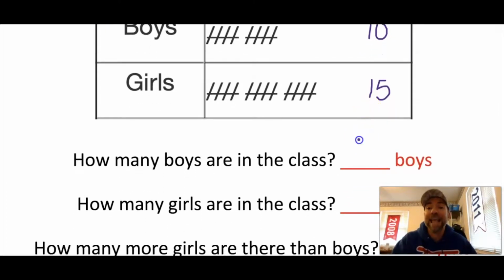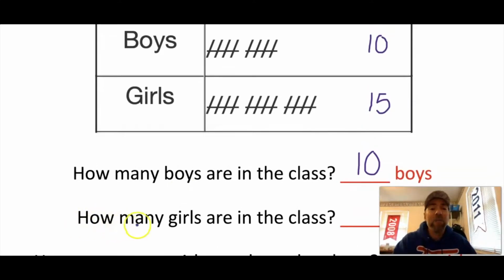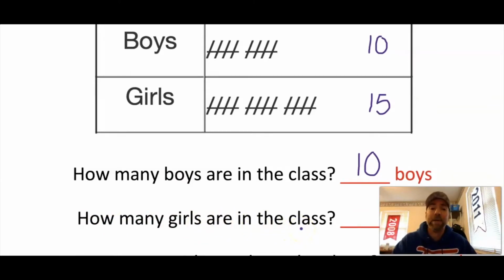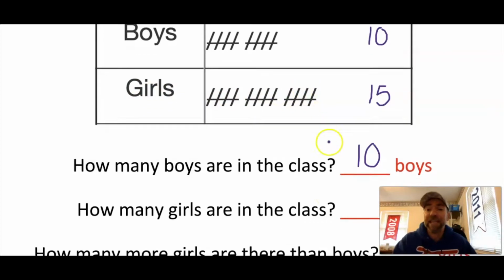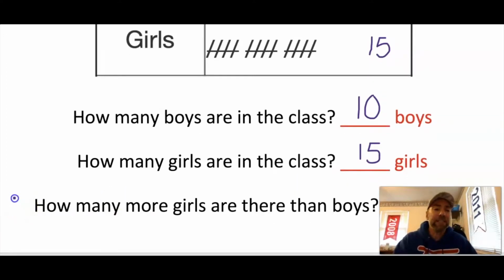There are 10 boys. The next question says, how many girls are in the class? Well, we go back up to our tally chart and we look for the girls. And we had 5, 10, 15. 15 girls.